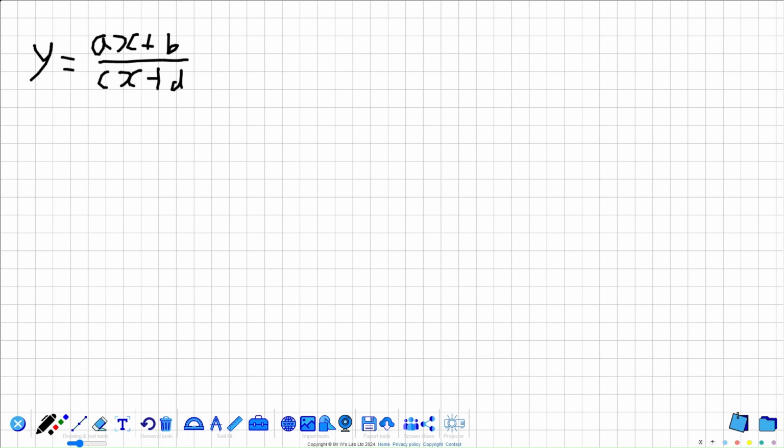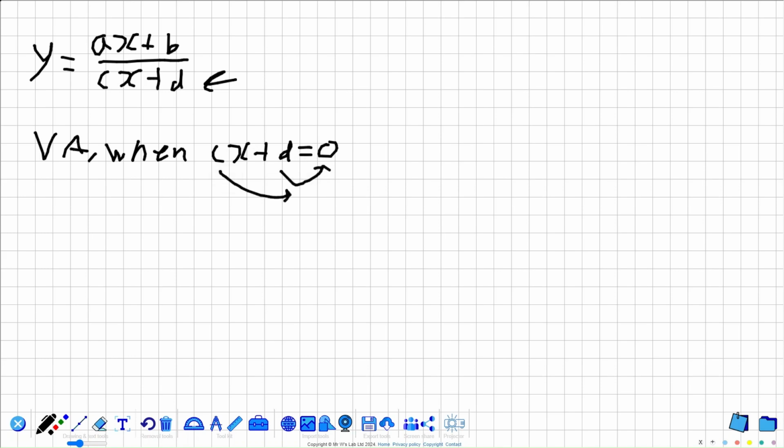So the vertical asymptote is found by specifically looking at the denominator. So when cx plus d equals 0, so when the denominator equals 0, you rearrange it, moving the d over there, dividing it by the c to find at what x coordinate y is undefined, so your vertical asymptote.